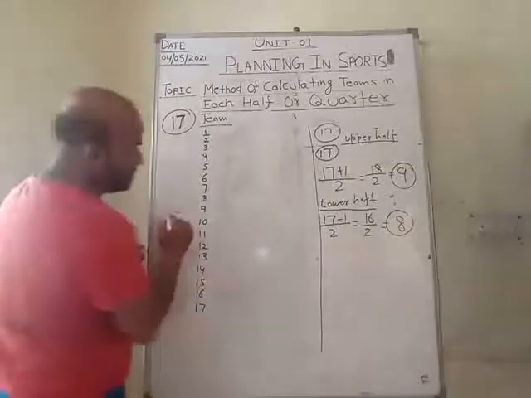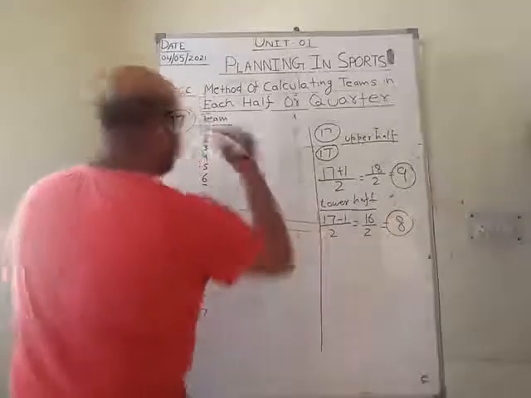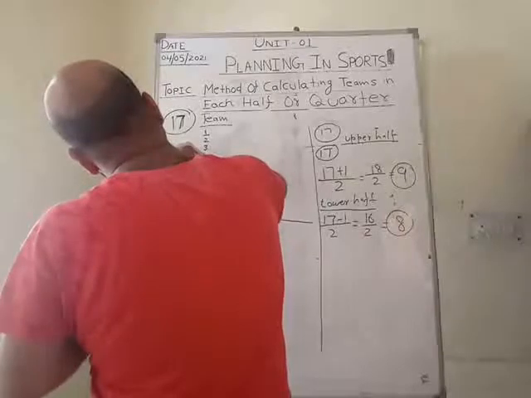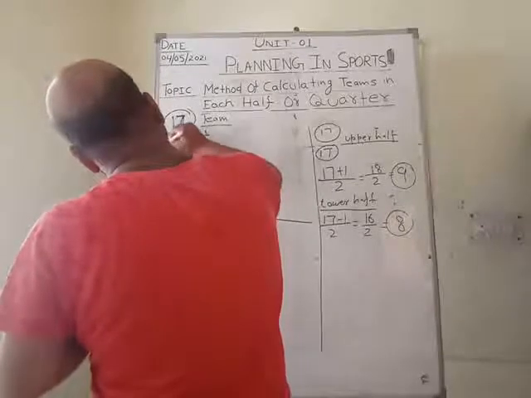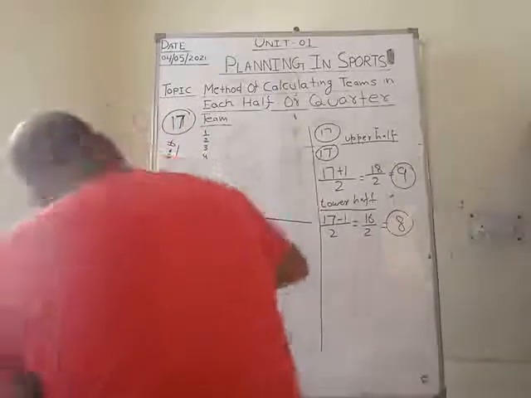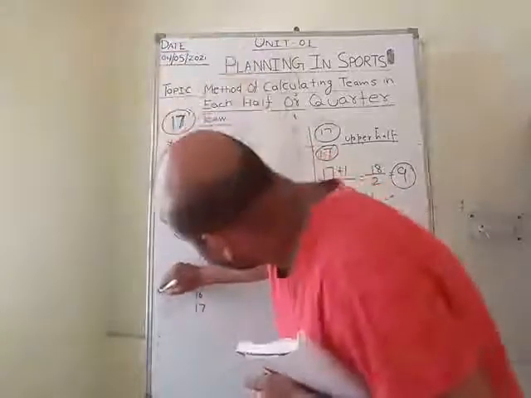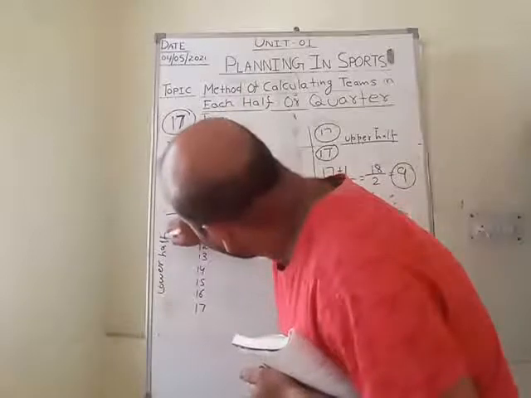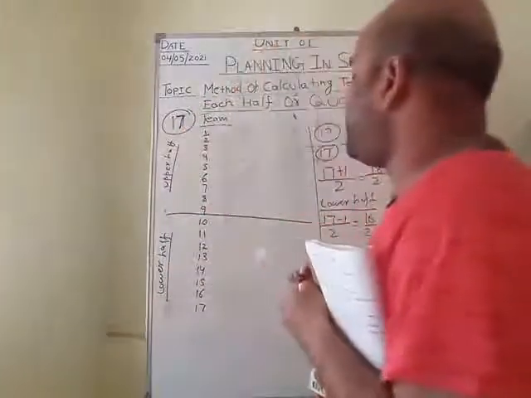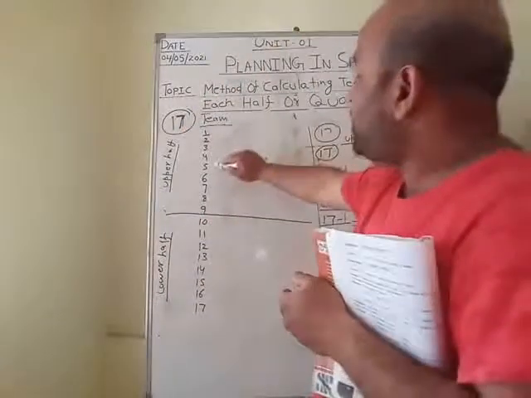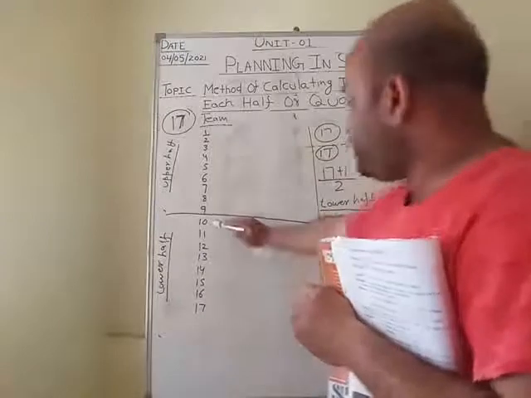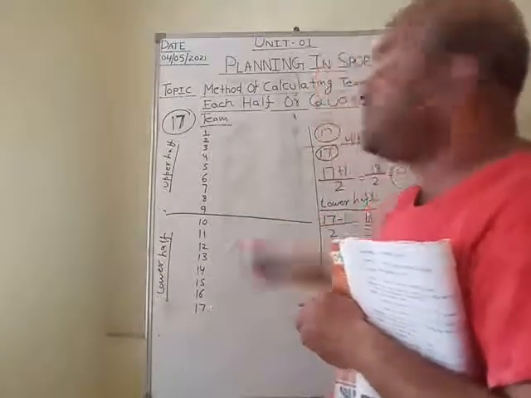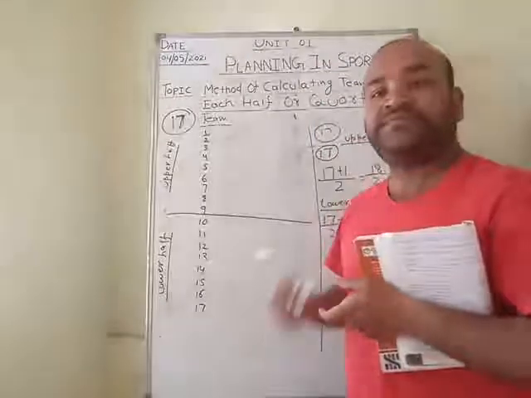Give one line dividing the upper half and the lower half. Upper half is 9 teams and lower half is 8 teams: 1, 2, 3, 4, 5, 6, 7, 8. There are 8 teams.